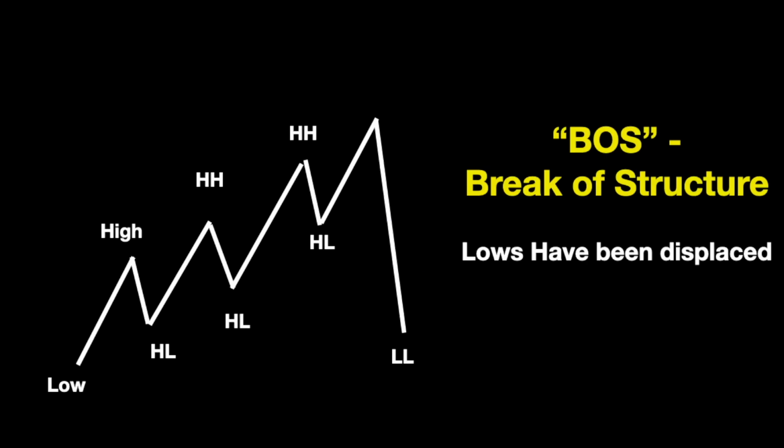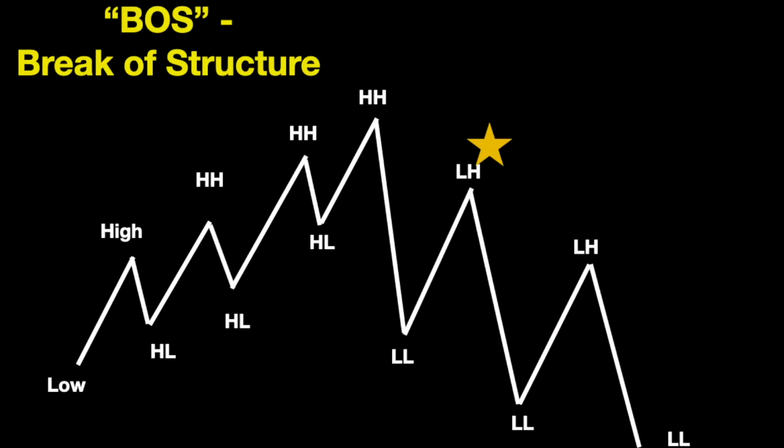We're going to see one of these swing points getting broken. This break of structure is where the lows have been displaced. When that happens, you'll see a retest occur. For example, you see lows, highs, higher low, higher high, and then at this top higher high, boom, the market plummeted down and set a new low.